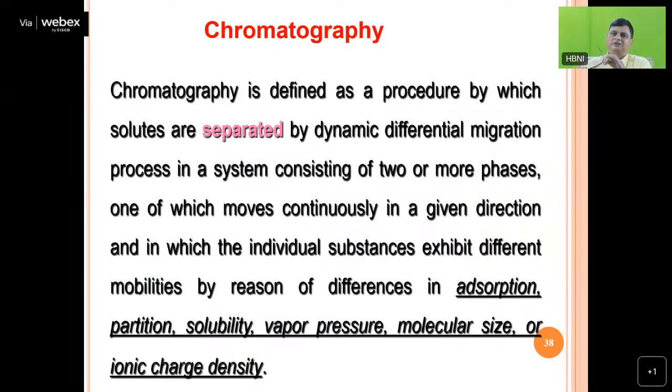In a system consisting of two or more phases, one of which moves continuously in a given direction, and in which the individual substances exhibit different mobility by reason of differences in adsorption, partition, solubility, vapor pressure, molecular size, or ionic charge density. Because on that basis, there are various kinds of chromatography techniques, and we will see them one by one.